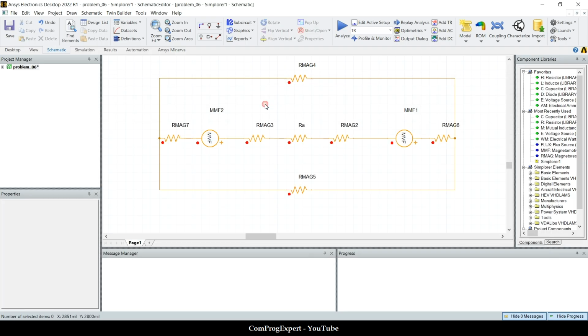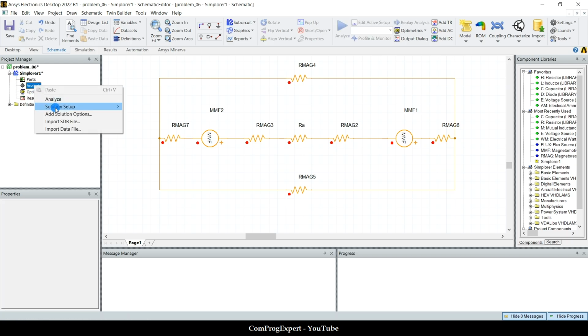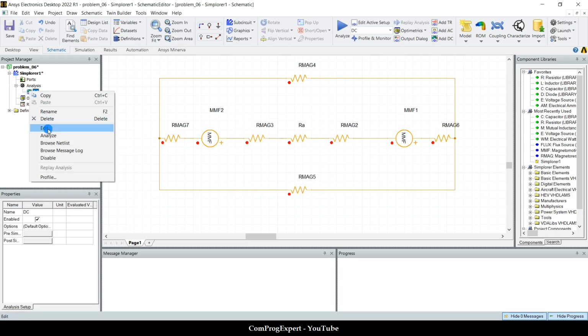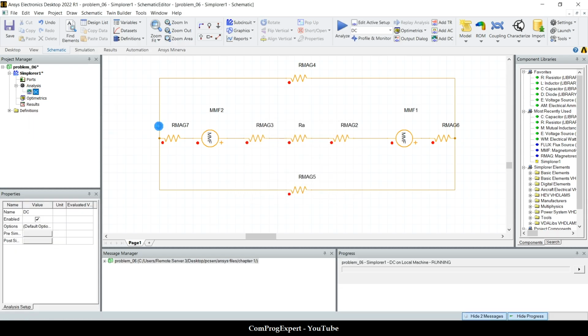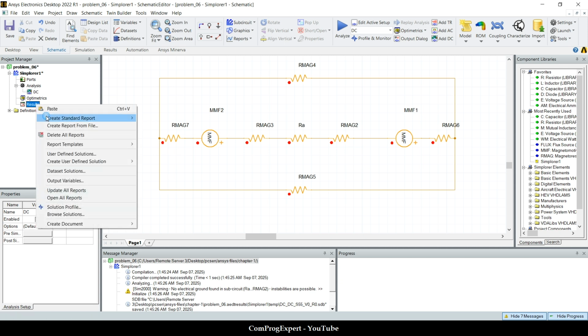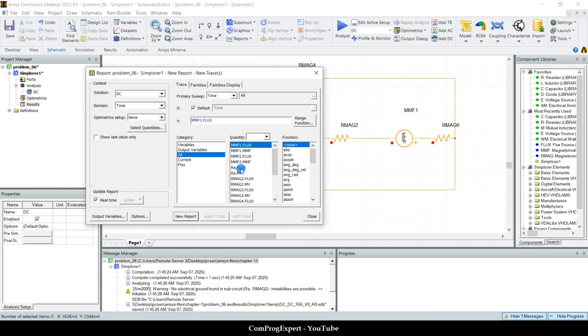So we have set the value of reluctances and let's solve the problem. Not transient, DC solver, analyze. So we can compare the numbers that we calculated in MATLAB with ANSYS Simplorer. This is good to double check the numbers.